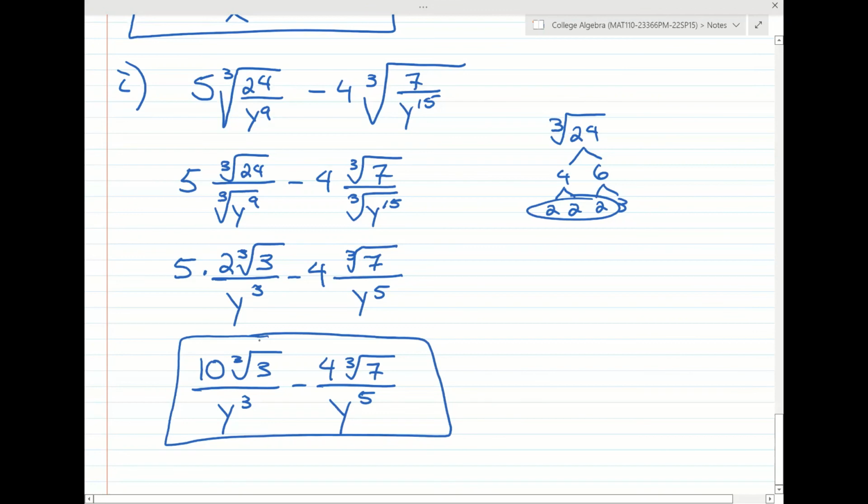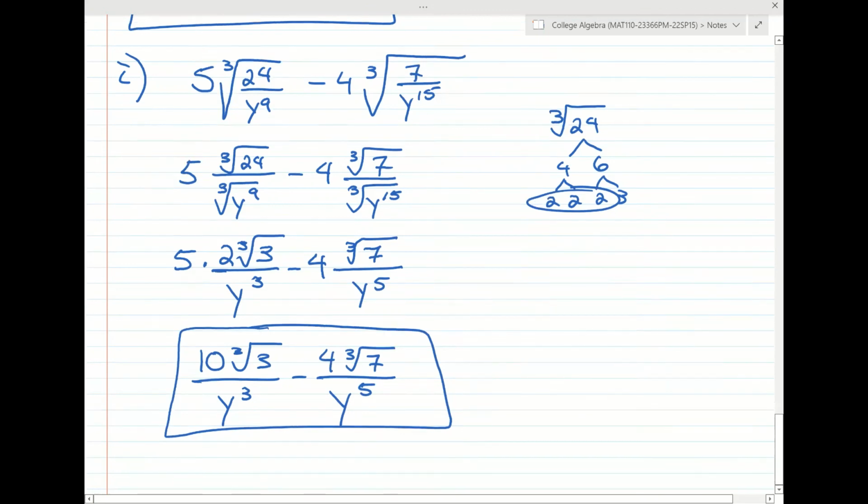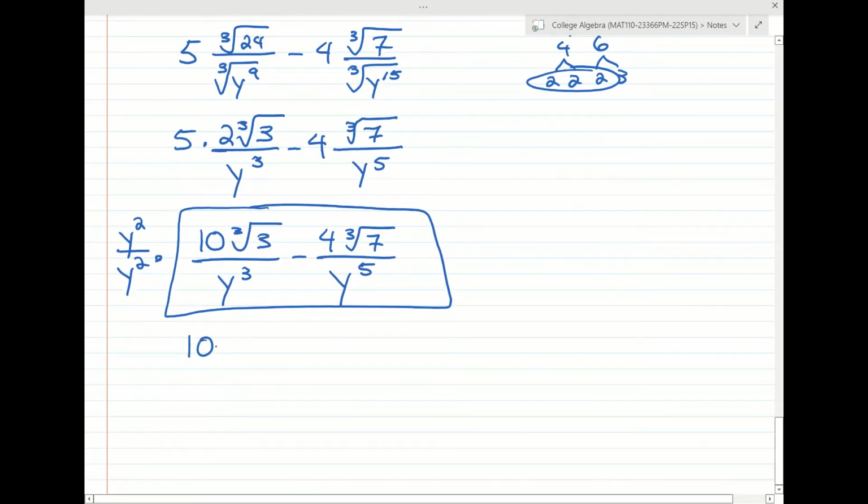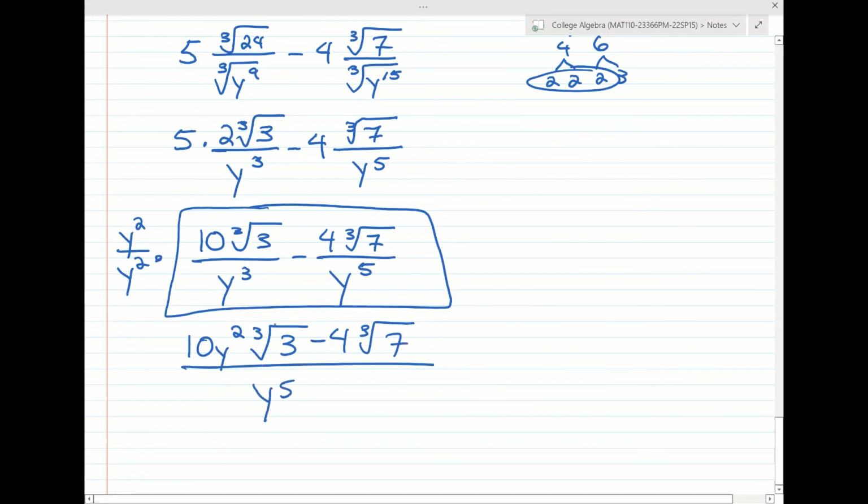But if you want to combine fractions, you could just multiply this left fraction by y squared over y squared, giving you 10 y to the 2nd times the cubed root of 3 minus 4 times the cubed root of 7 all over y to the 5th. So if you want, you could write it as one fraction just like that.